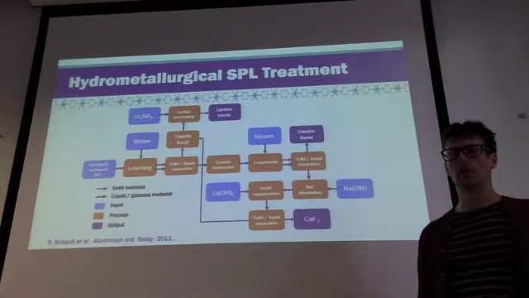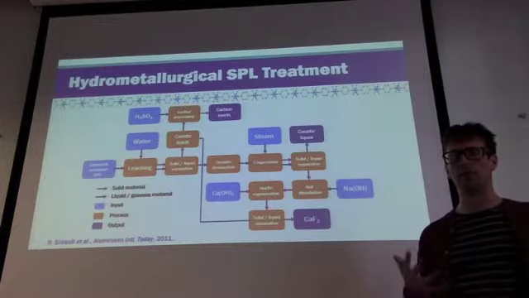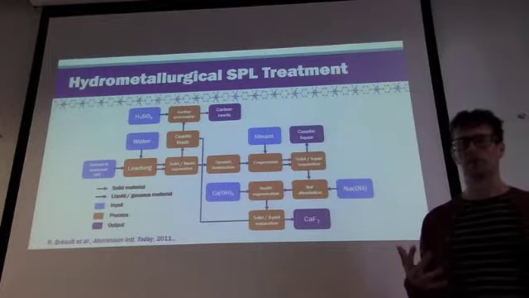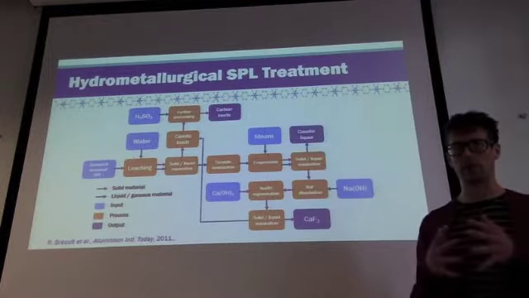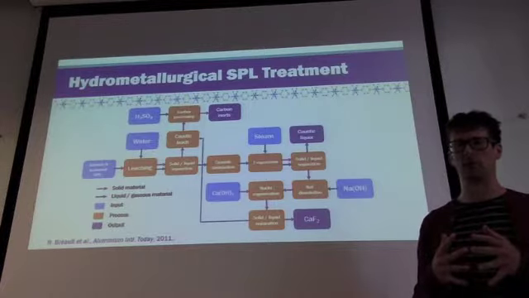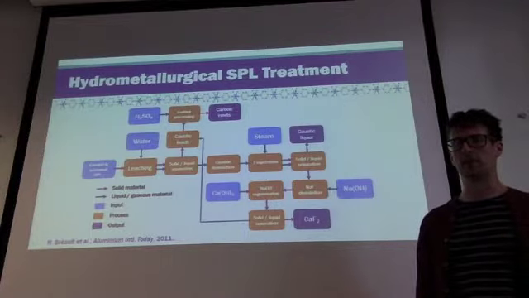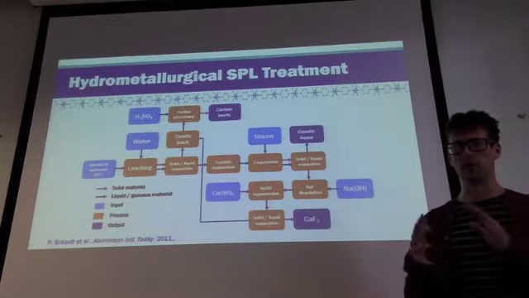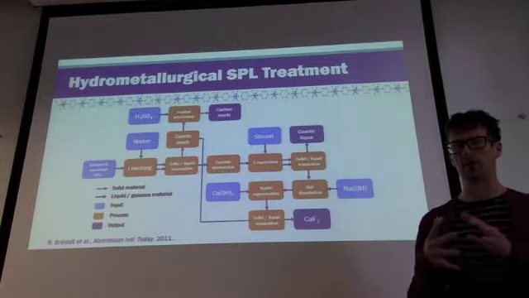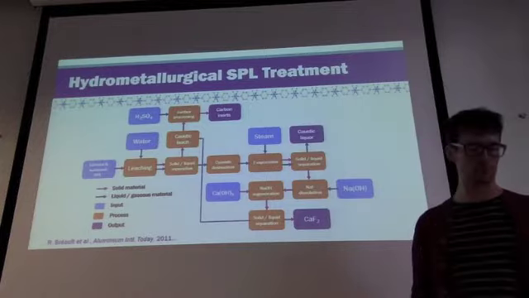And there are a number of industrial strategies currently implemented to try and create these fluoride recycling loops that we so urgently require. Now, one of the more successful in recent years has been this hydrometallurgical system, in which you basically grind your SPL to a powder, and then leach it with hydroxide, creating an aqueous solution with all of the dissolved ionic contaminants that have come out of the SPL.